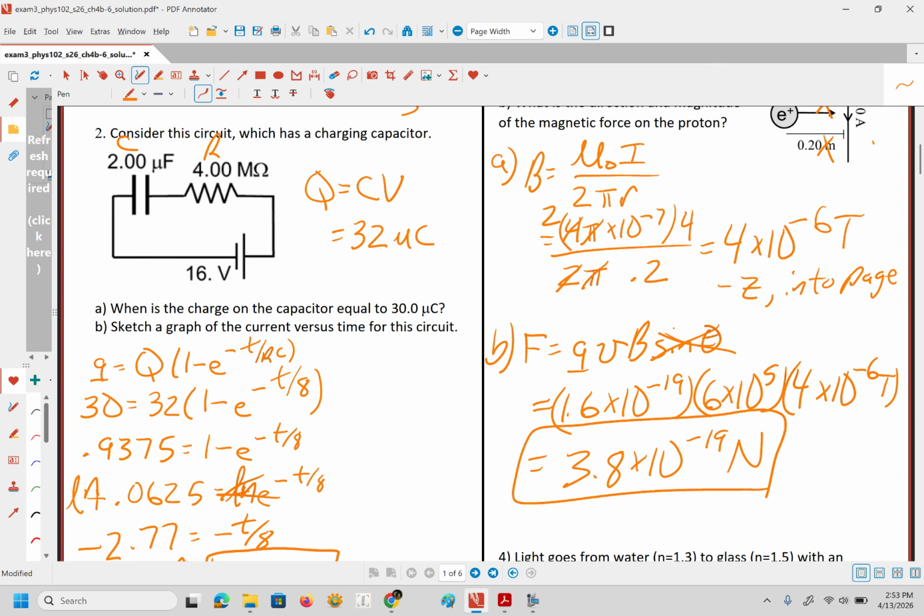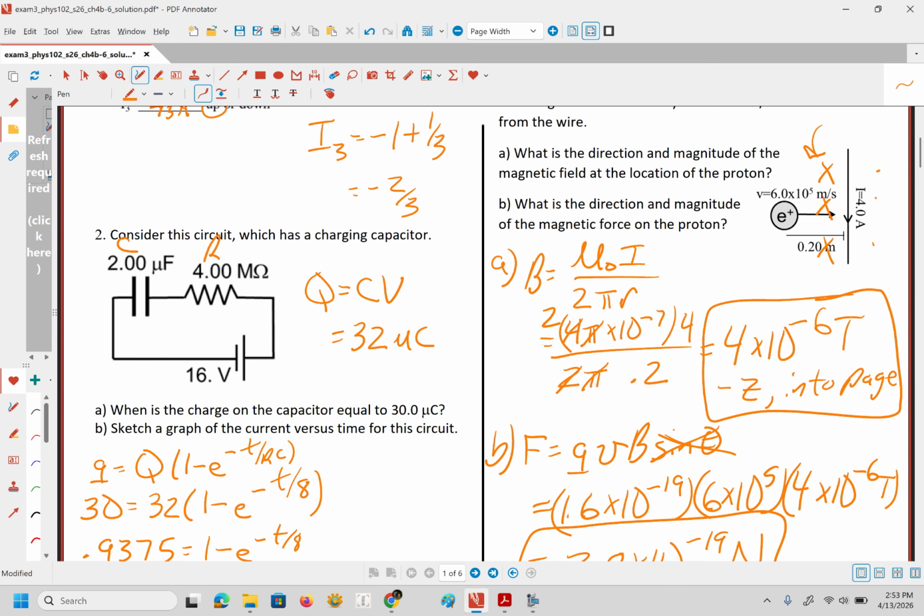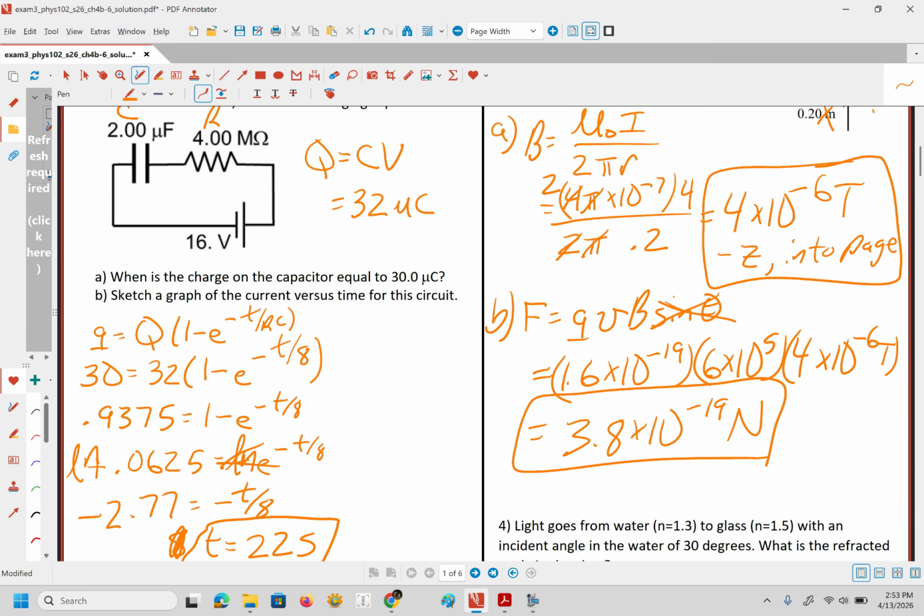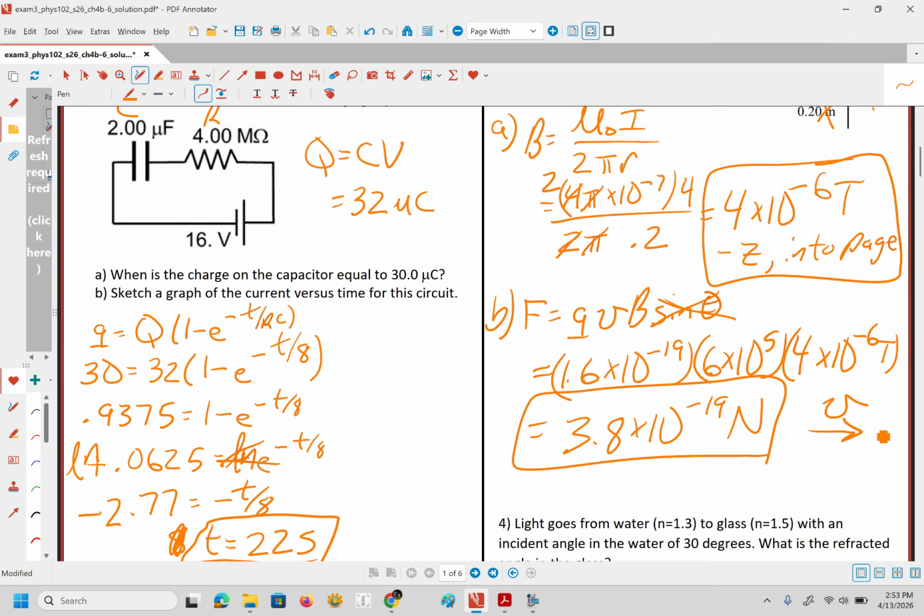And let's find the direction of that force. So use my right-hand rule. I have a velocity that is to the right. I have a magnetic field that's into the page. So that means that the force is in the upward direction, or you could have said the plus y direction. Either one would be fine.